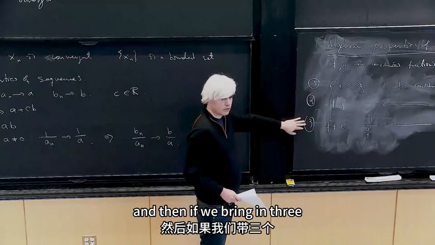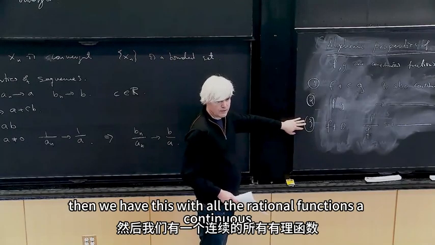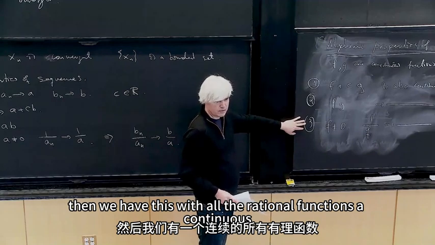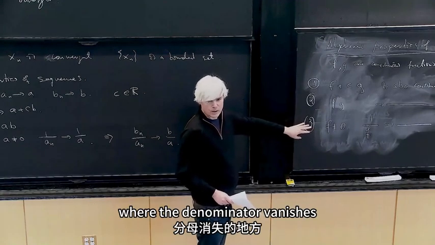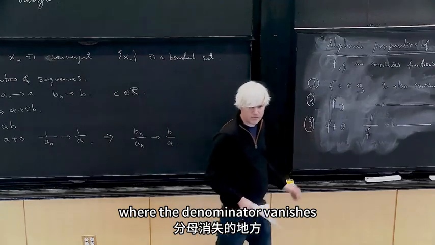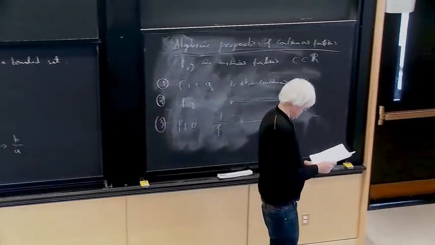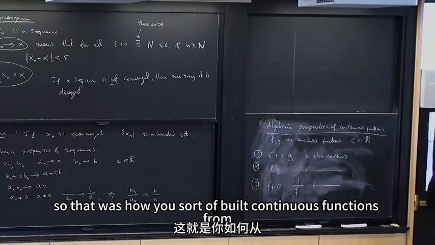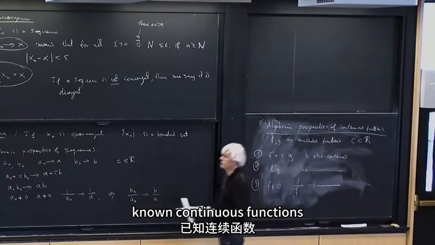And if we bring in 3, then all rational functions are continuous, except of course where the denominator vanishes. So that was how you build continuous functions from simpler continuous functions.